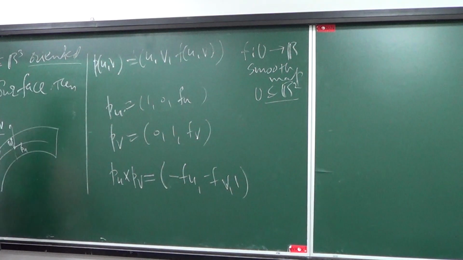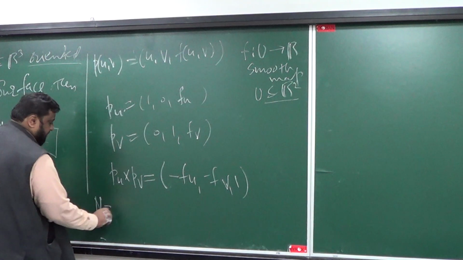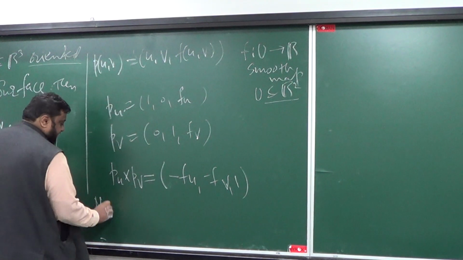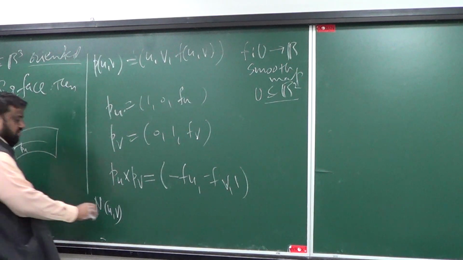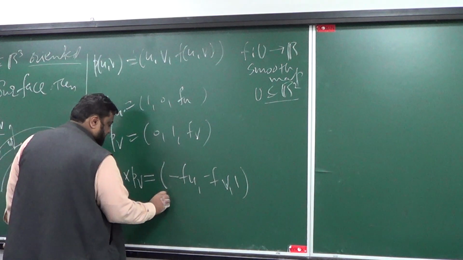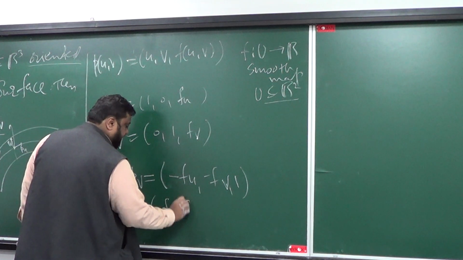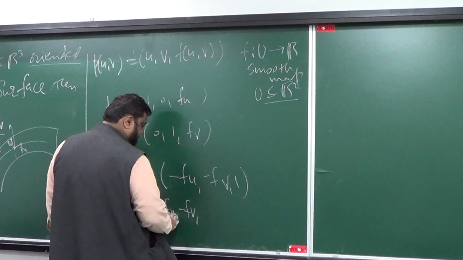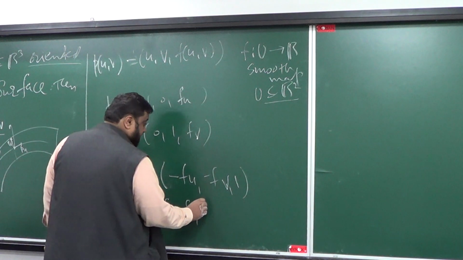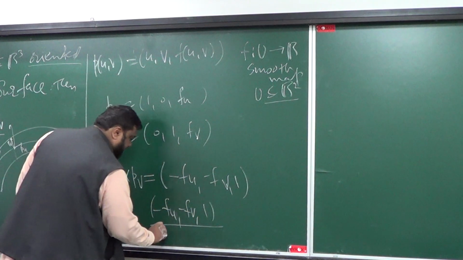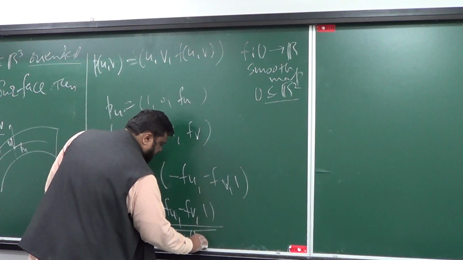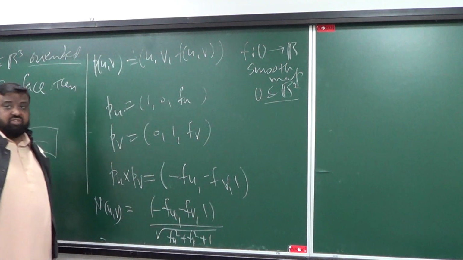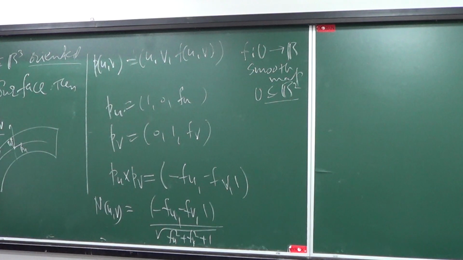So the normal vector at an arbitrary point of a graph surface is going to be (-fu, -fv, 1), everything divided by the magnitude, the square root of fu squared plus fv squared plus 1. So you know how to do the calculation, it's not a big deal.